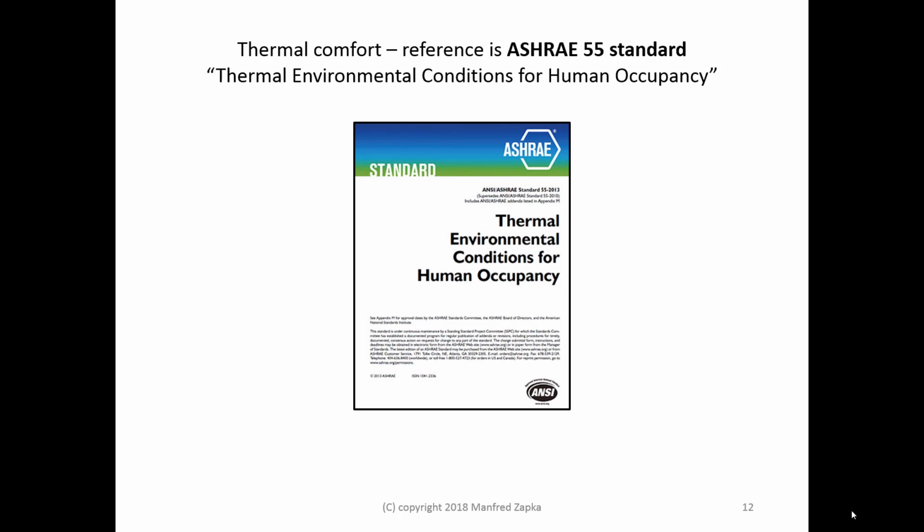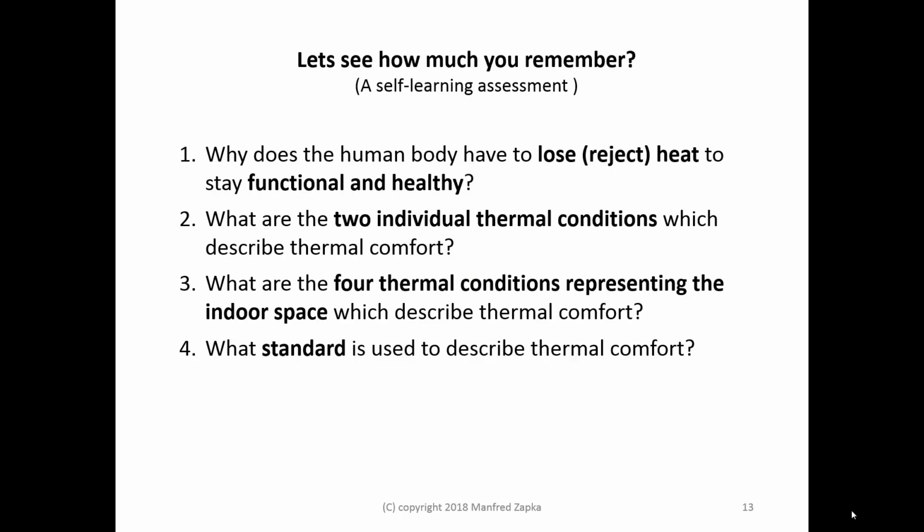So this one brings us to the end, and we again have a self-learning assessment, and let's see how much you remember. We would really invite you to do this little exercise. First of all, ask yourself, or you can also discuss it with your friends and colleagues, why does the human body have to lose or reject heat to stay functional and healthy?